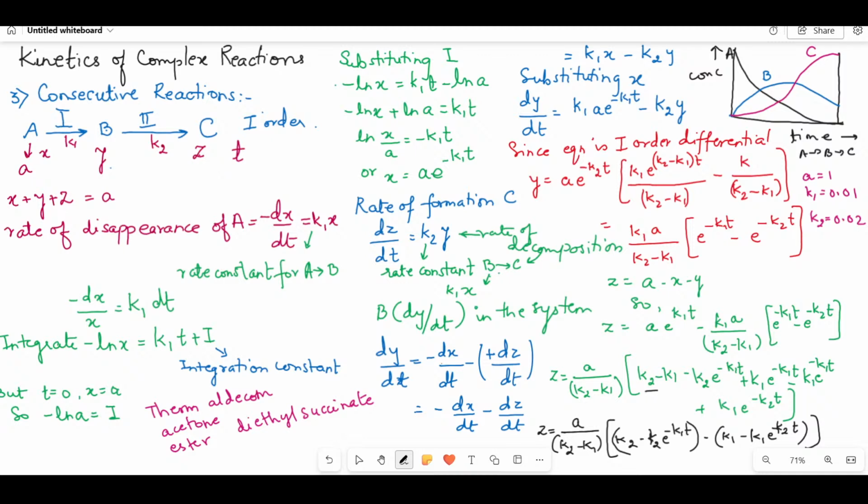All these are ester examples. All these are examples of consecutive successive reactions.